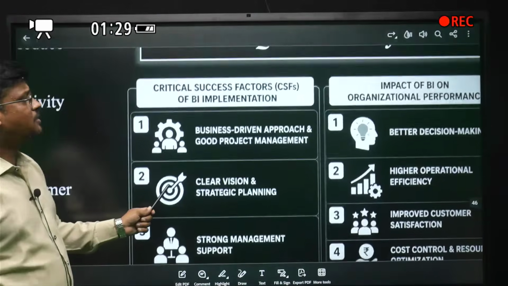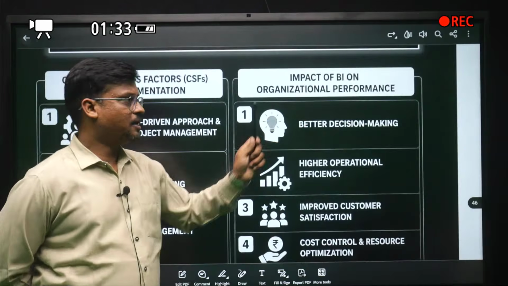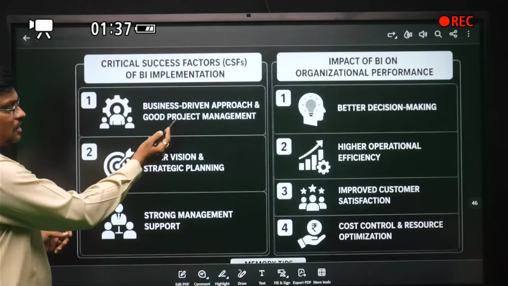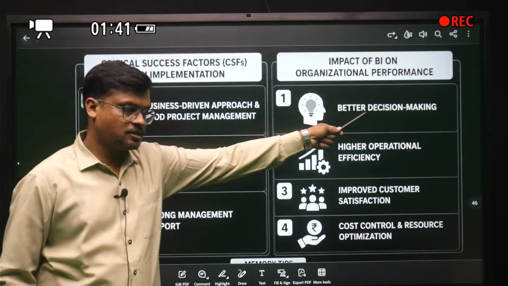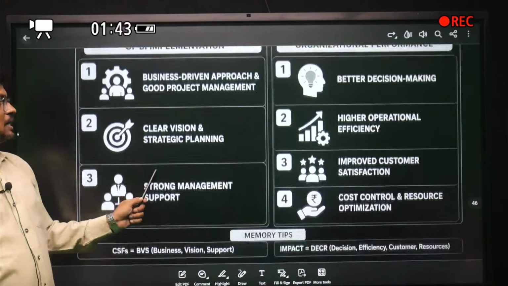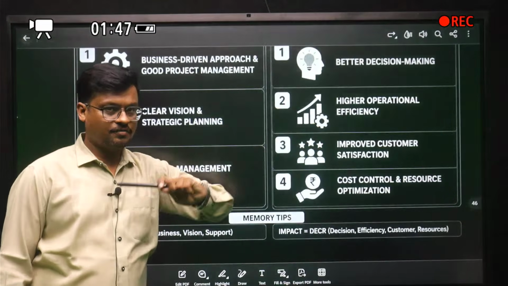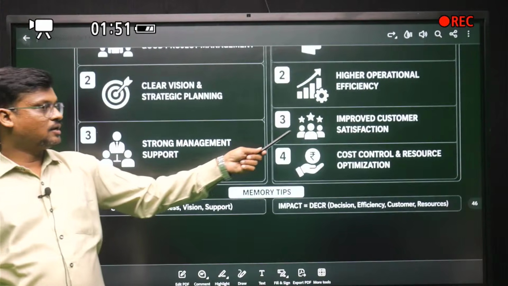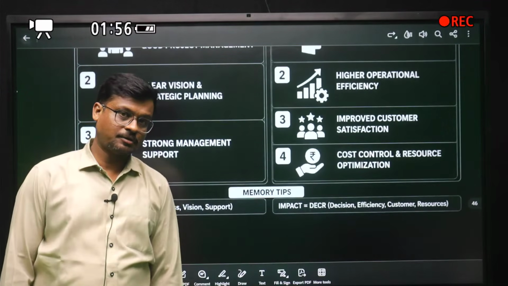Quick summary for it: critical success factors of BI implementation, impact of BI on organization performance. So a business driven approach and good project management give you better decision making. Clear vision and strategic planning will increase the operational efficiency. Strong management support will give better customer satisfaction and cost control and resource optimization.